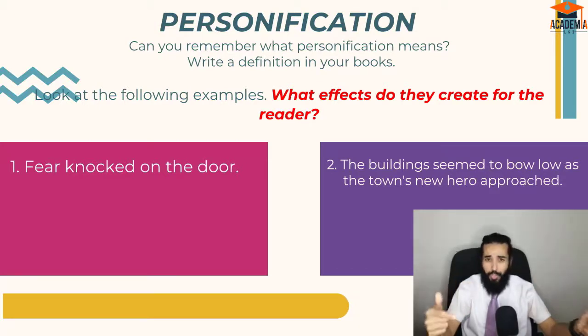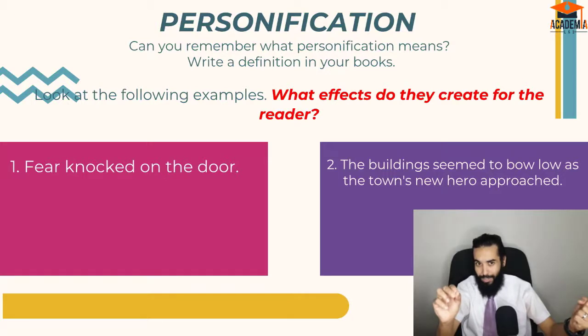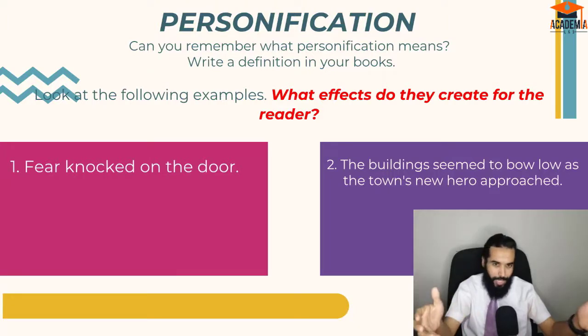Because you are one of the readers, and they must create an effect. So what effect do they create for the reader? Faye knocked on the door, number 1. Number 2, the building seemed to bow low as the town's new hero approached. So what do you think? What is the effect that these 2 sentences create on the reader? Okay, you've got roughly 2 minutes. Off you go.